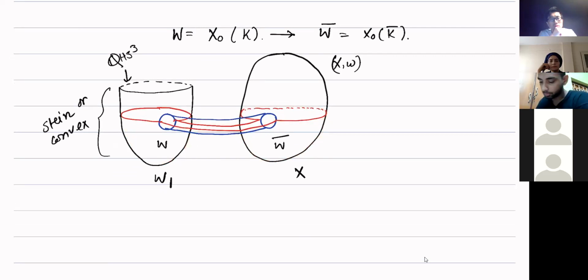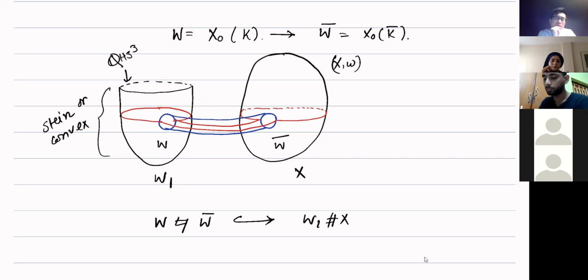So what I'm trying to say is that the W boundary sum W bar is actually smoothly embedded inside W1 connected sum X. Okay. So anyone has any question with this picture or with this claim?